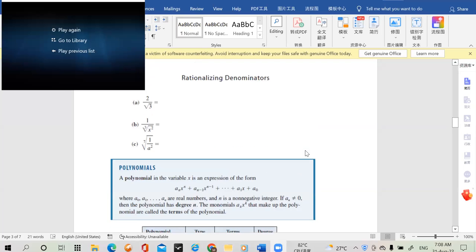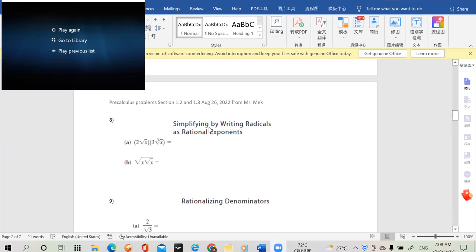Okay, so we begin our pre-calculus lesson today for August 31st, 2022. Now, for those of you who did not have a chance to do this yet, we had this sheet I gave you the other day for section 1.2, 1.3 of our first chapter in pre-calculus.